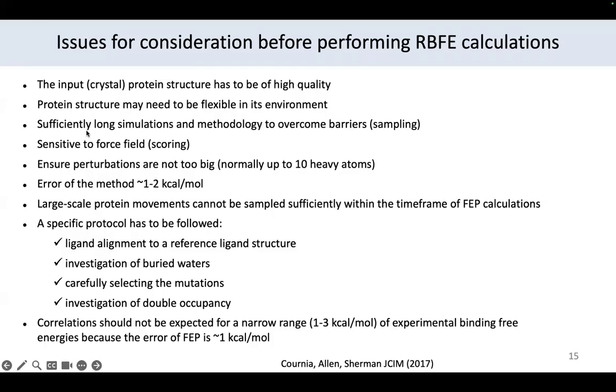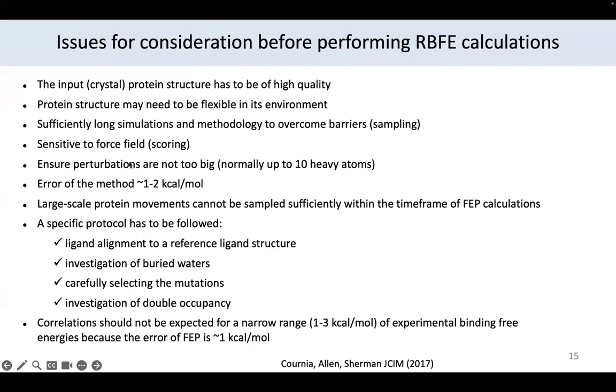Also, sufficiently long simulations are needed and methodology to overcome barriers, so good sampling. Of course, the method is sensitive to the force field, or we can term it as scoring, but it's really like a potential free energy function, potential energy function.